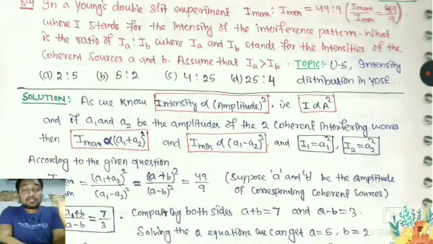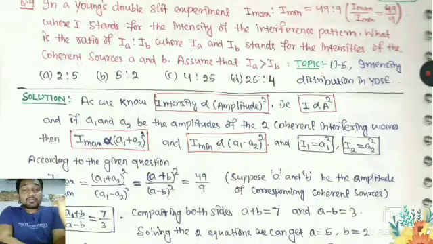So Imax is to Imin is (a plus b) whole square by (a minus b) whole square, which is given as 49 by 9. Taking the square root on both sides, we get (a plus b) by (a minus b) equal to 7 by 3. Comparing both sides, a plus b equals 7 and a minus b equals 3. Solving the two equations, we can calculate the values of a and b.